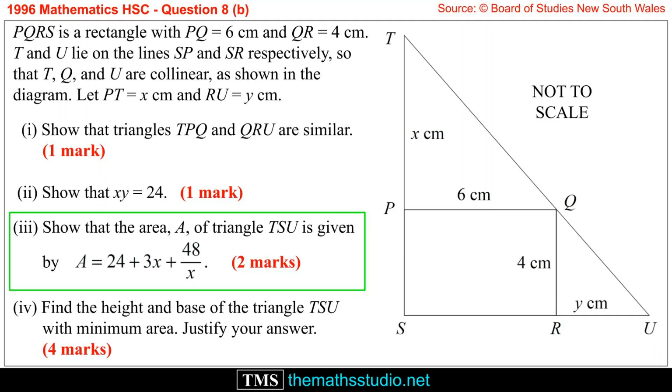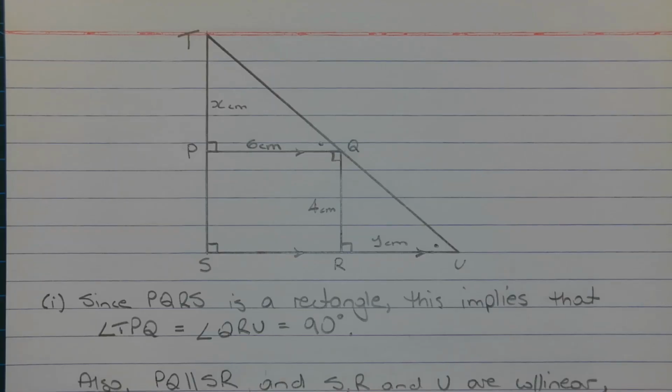Part 3. Show that the area A of triangle TSU is given by A equals 24 plus 3x plus 48 over x. The area of triangle TSU is equal to half times the base times the perpendicular height. Now, the base of triangle TSU is the side SU, which has length 6 plus y.